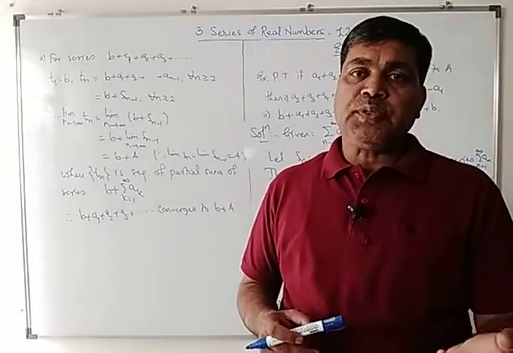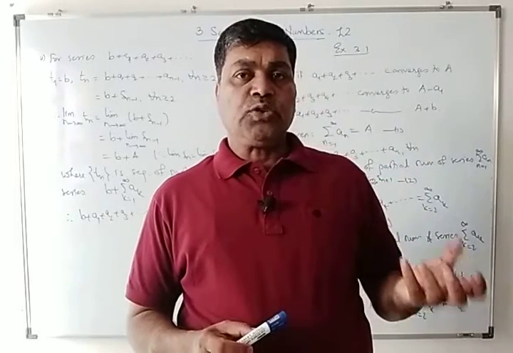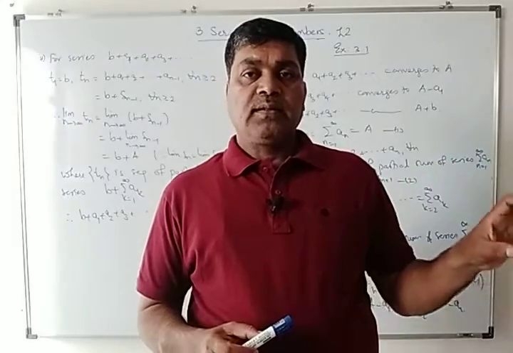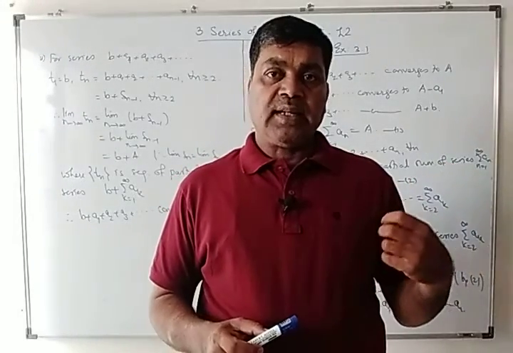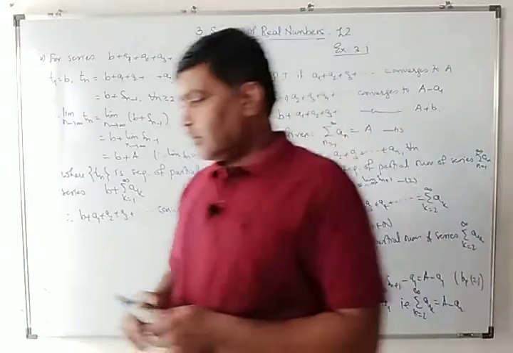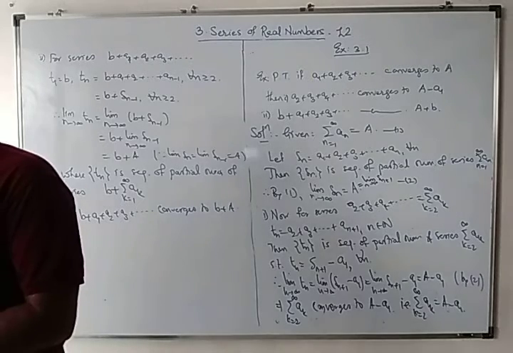While if you add a few terms to the given series, then the sum of the new series will be increased by the sum of those added terms. This is the part of this example.